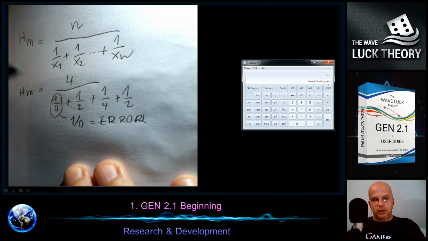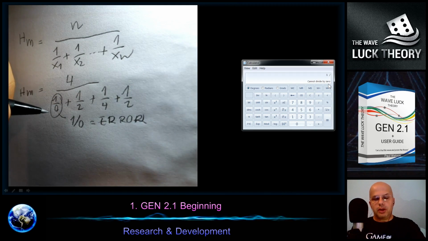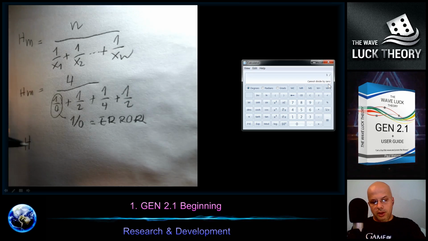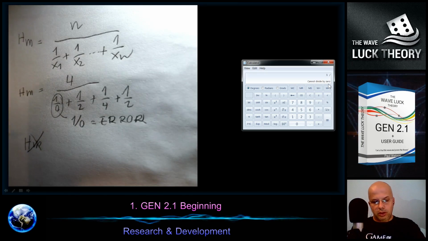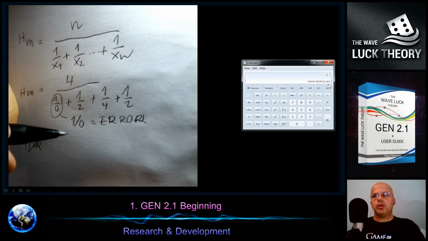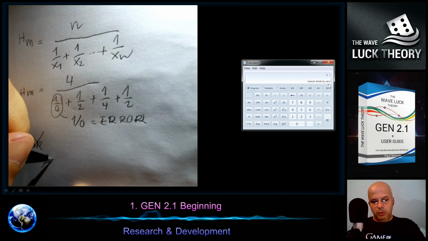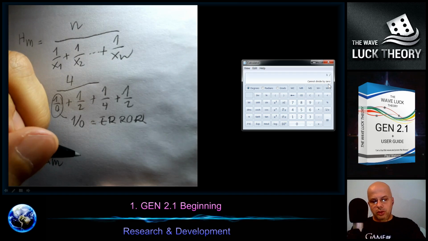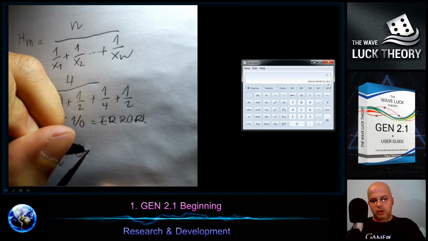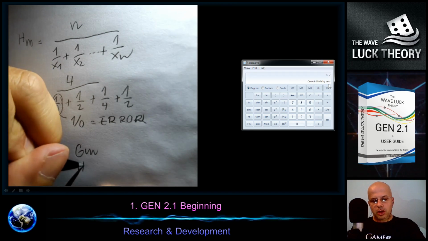So that's the second thing, as we will not use it. In our case we will stay with the arithmetic mean, and we will not use the geometric mean or harmonic mean.